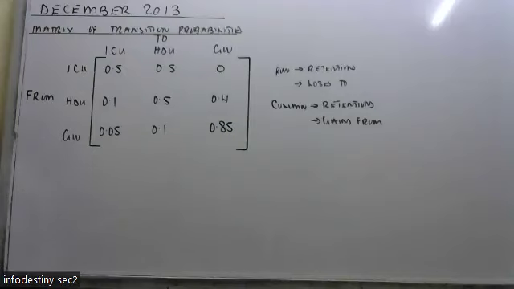From there, we are told to get the expected proportions of patients that will be in ICU, high dependency, and general ward by the end of December 2013.